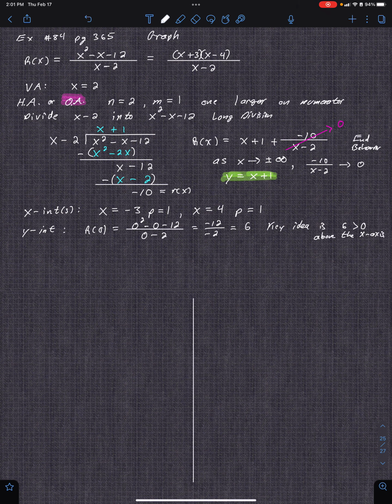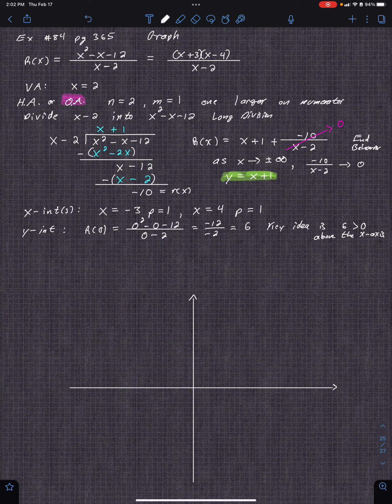Okay, so draw on your axes. We'll try to make it somewhat big, and you don't have to mark off the tick marks. You got to get close. Of course, I will do it a little better because I need to make sure my graph of x plus 1 looks right.